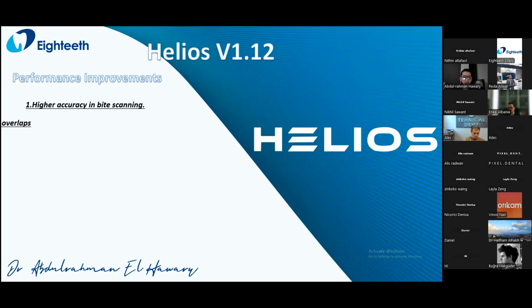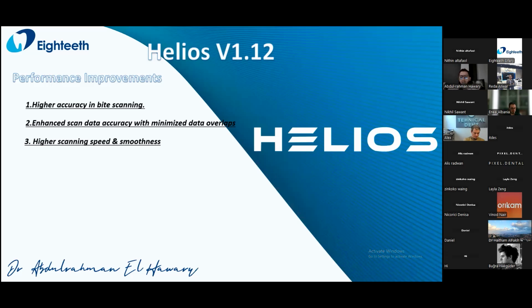So we have higher accuracy during the bite scanning. Also, we have minimized overlapping and minimized double imaging now appearing within the new software. So in general, the new software has a better scanning experience, better smoothness, less overlaps, and less double imaging appearing during the scan.